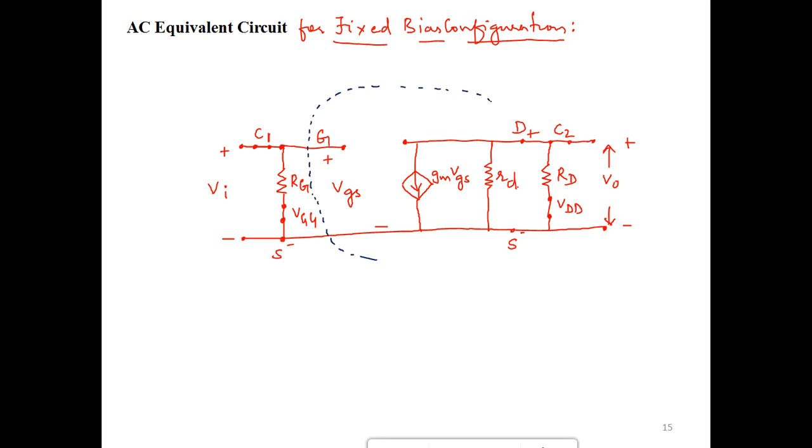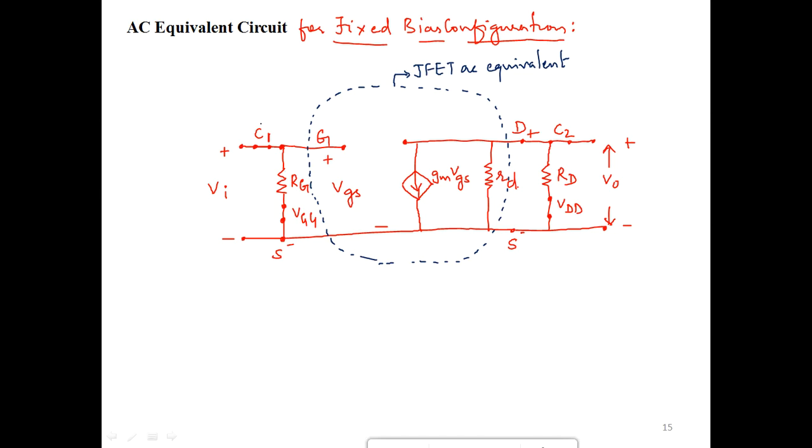The one which is being highlighted now with blue dots, that is the JFET AC equivalent. To this JFET AC equivalent, we are trying to add the capacitors, the resistors, and the fixed DC supplies by their respective AC equivalents.